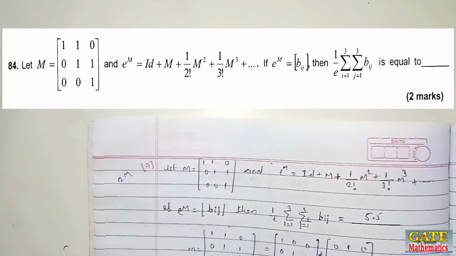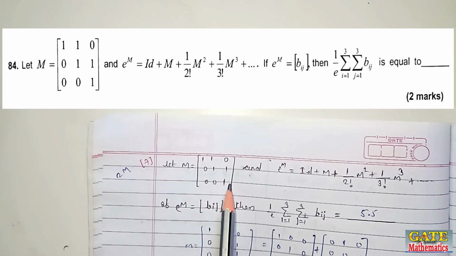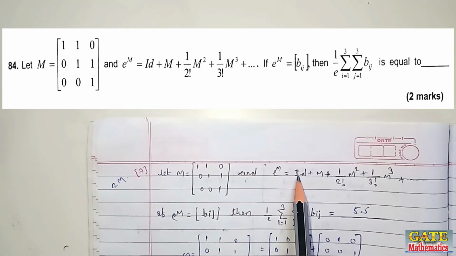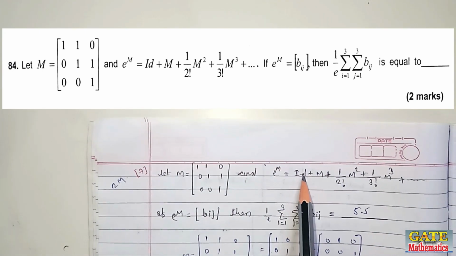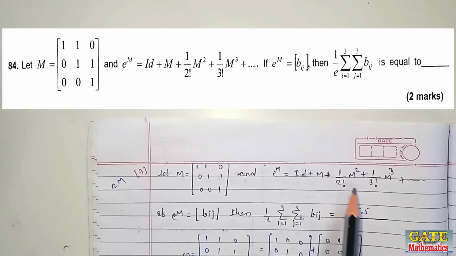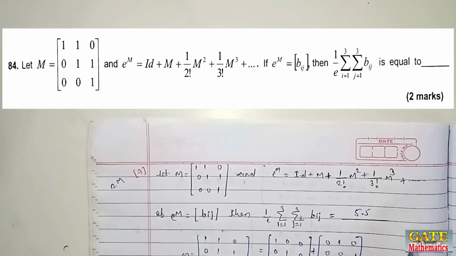Our question says that we have a matrix M with entries 1 1 0, 0 1 1, 0 0 1. And e to the power M is given as I plus M plus 1 by 2 factorial M square plus 1 by 3 factorial M cube plus so on, where I means the 3 by 3 identity matrix.